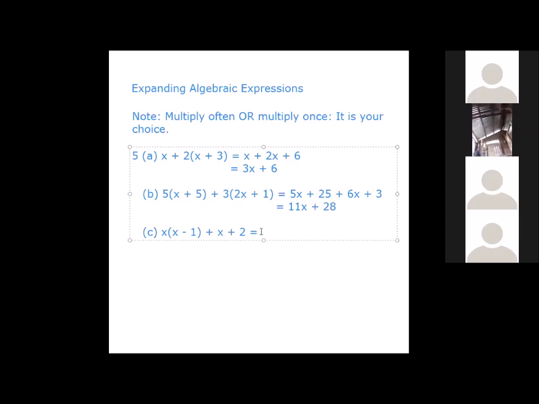The one inside the parenthesis is only the x minus 1. Yes. x times x is x squared. And then x times negative 1 is minus x. And then plus x plus 2. Now you have x squared minus x plus x plus 2.